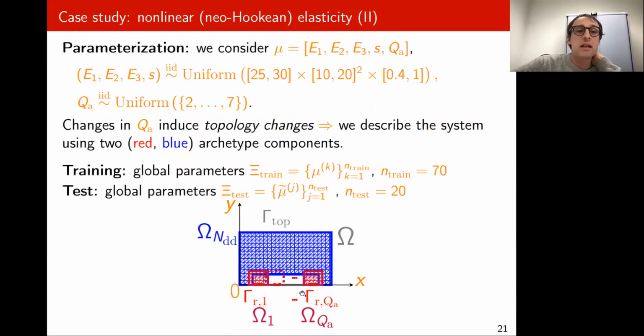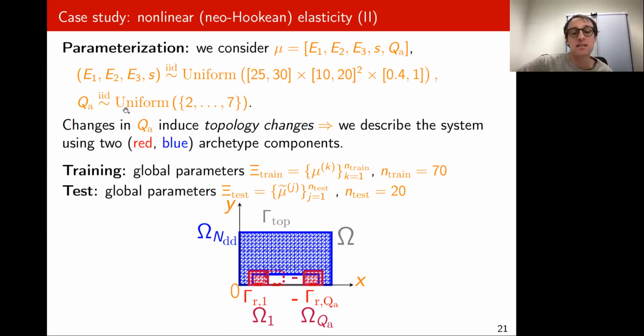Basically, we have 4 global parameters: the Young modulus in 3 subregions, and the intensity of the source term on those blocks. Plus, we have a topology-varying type of parameter, which is the number of those source terms.